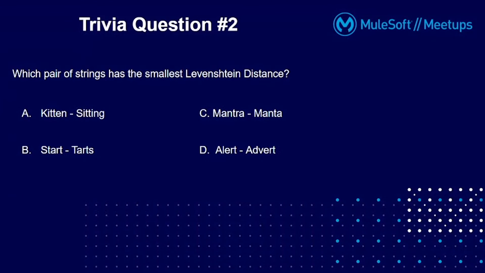Awesome. So I believe we've got our next trivia question. Which of these pairs of strings has the smallest Levenshtein distance? And you're back to math of CS. Who is quickest to calculate it themselves?